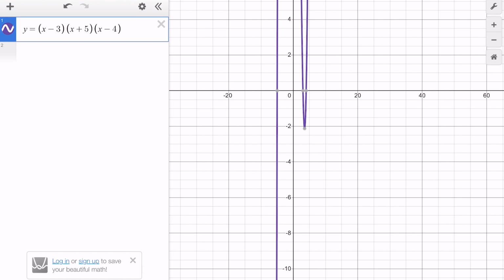Okay, so a, b, and c have this form where we have a comma 0. And so a comma 0 or any number comma 0 is going to be an x-intercept, or where our graph crosses the x-axis.